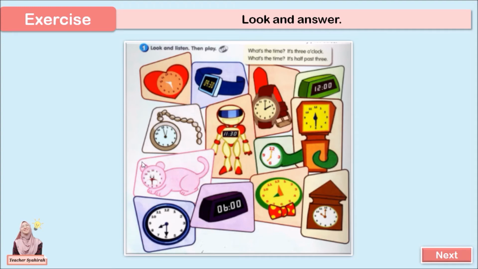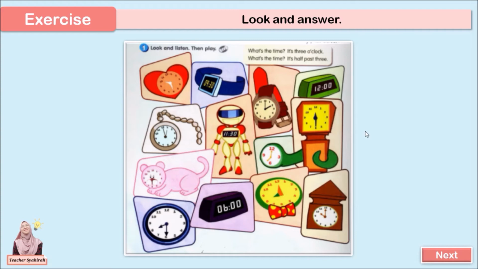If this is not clear enough, you can look at your textbook page 10 and then try to answer this question. Try to read the time and write it down on that piece of paper. So after you answer it, you can play it and we can discuss it together.